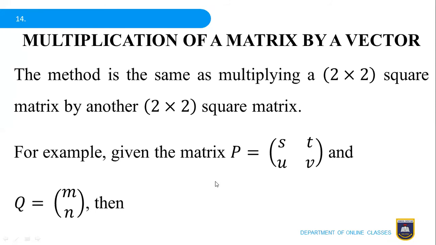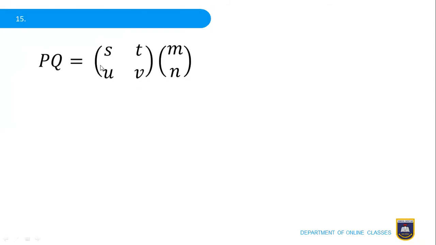So let's see how we can do the multiplication. PQ will now give us the matrix S, T, U, V multiplying the vector M, N. This is equal to, so your S will multiply M to give you SM. Your T will multiply N to give you plus TN. U multiplies M to give us UM plus V multiply N to give us VN. That is your final answer.